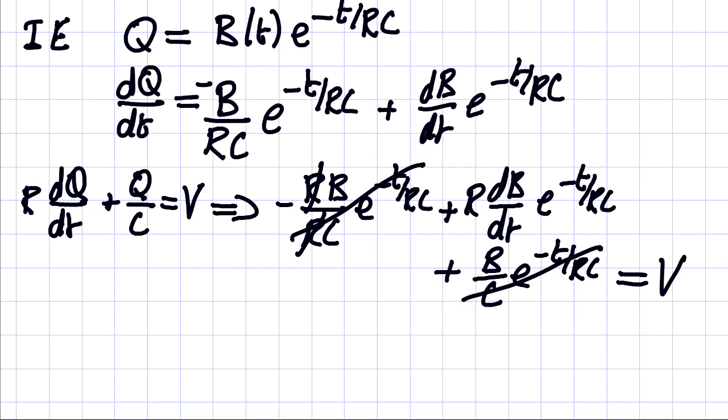So what I'm left with is R dB/dt times e to the minus t over RC is equal to V.